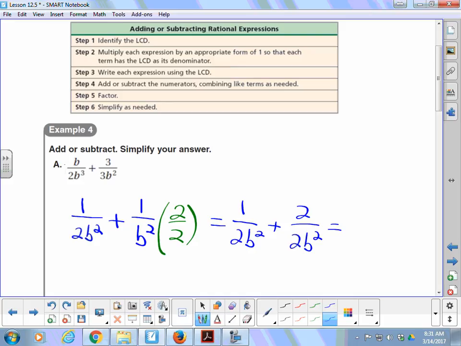Now I have the common denominators, so I can add the numerators together. So here we just get 3 over 2b squared. We're just going to look at the simple ones like that today.